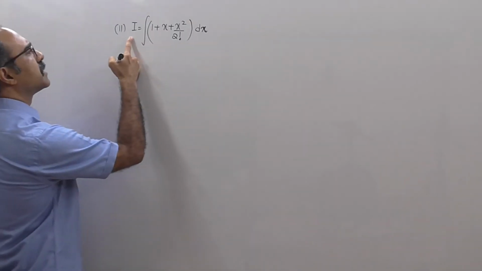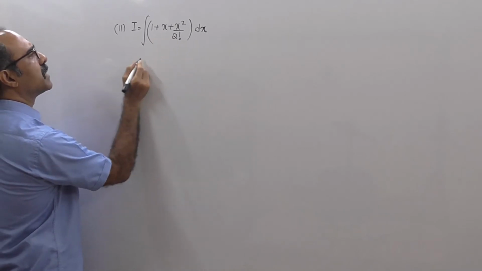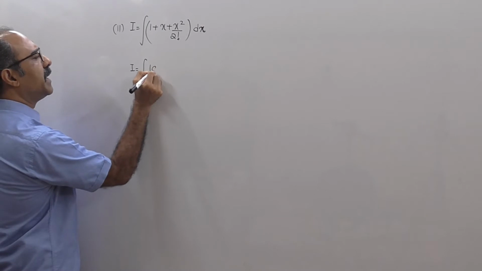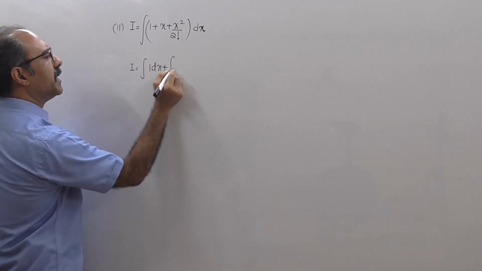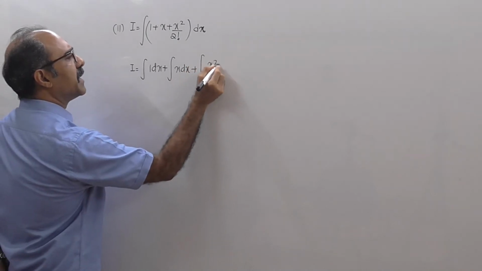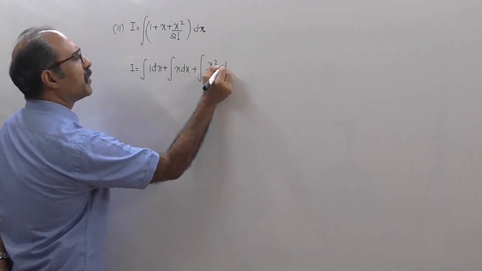The second question is I equal to integration of 1 plus x plus x square upon 2 factorial. So I equal to, break the integration individually: integration of 1 dx, integration of x dx, integration of x square upon 2 factorial dx.